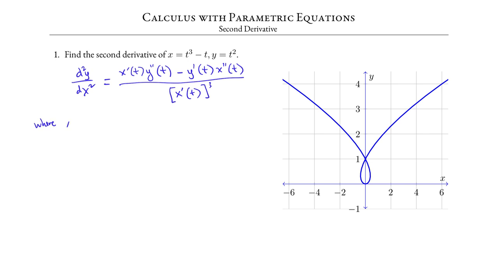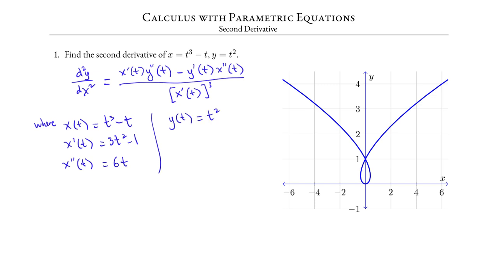where x of t is t cubed minus t, so x prime of t is 3t squared minus 1, x double prime of t is 6t, y of t is t squared, y prime of t is 2t, and y double prime of t is 2.